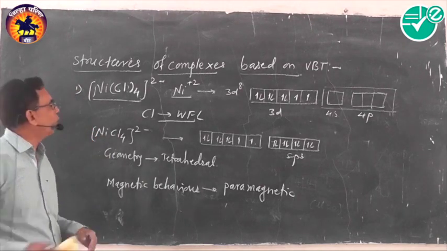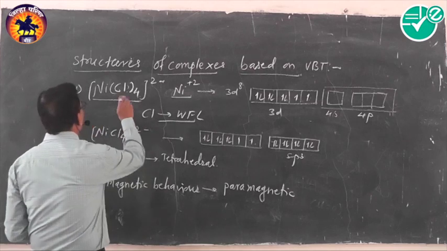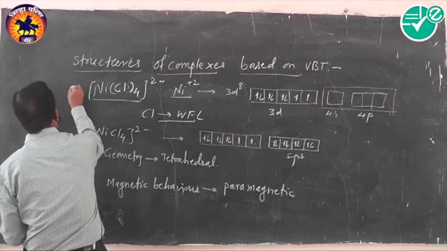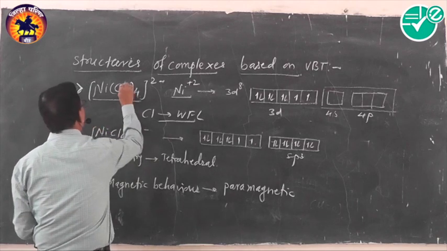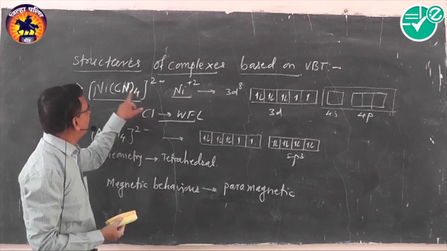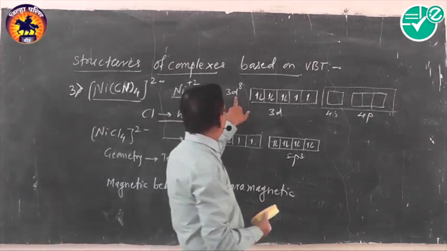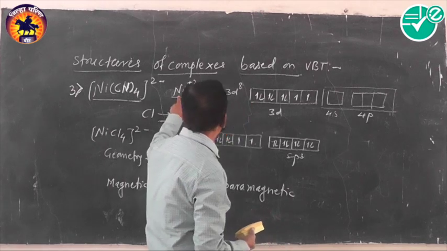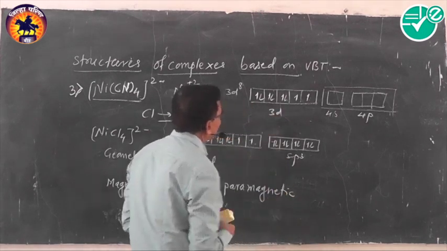Then we have to see one more compound, NiCN4 2 minus, the third one. In this case also, nickel has +2 oxidation state, and the electronic configuration of the nickel +2 ion is 3d8, like this.